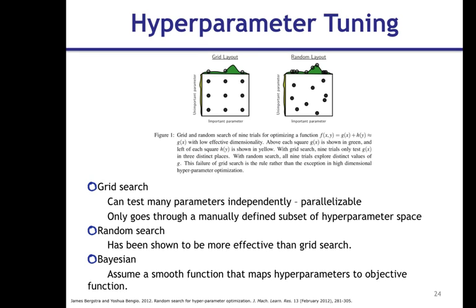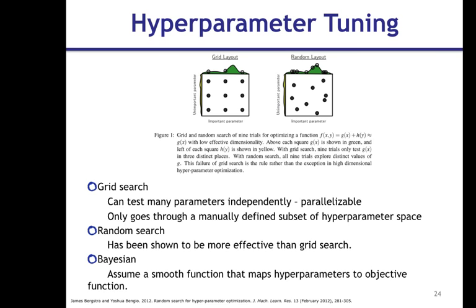But the bad thing is that you are manually defining your own space. If you look at the example in the slides, on the left we have a uniform grid, which is what you're probably going to be defining, which does not sample the true distribution very well. But instead, if you have a random initialization, you could end up having more points on the peak, and that might end up working better.